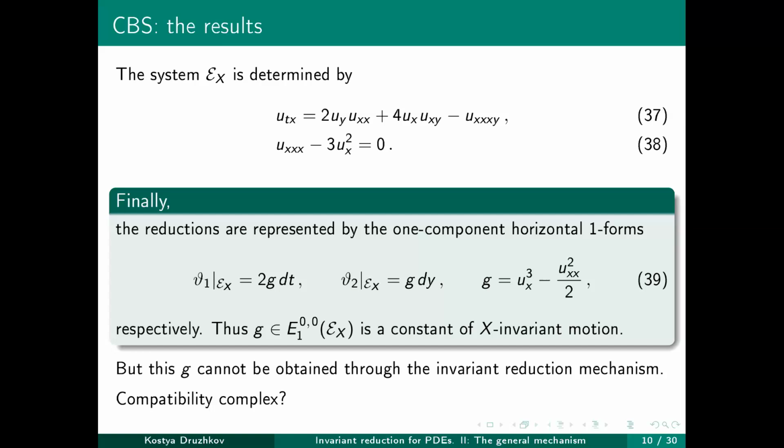But it's not that easy sometimes to establish that something is not in the image of a differential operator, right? Because basically this is the same problem. If we do not use compatibility complexes, we can try to demonstrate that they are not in the image of the differential D0. So basically it's the same problem. This is about some challenges regarding the non-triviality of the reductions.